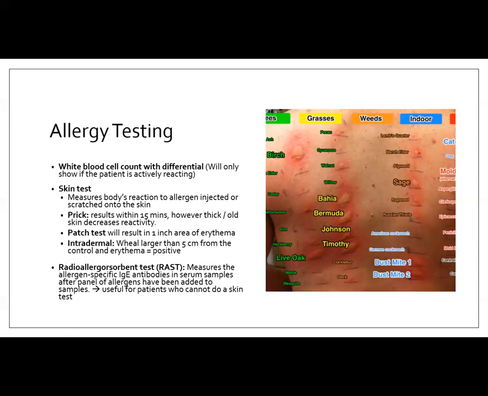Now, this is very useful for patients who cannot do a skin test. So if they can't do a skin test, you can do this RAST test instead. And it'll be a lot more accurate than just using a white blood cell count, because the white blood cell count isn't going to show it unless they're actively reacting. But with this RAST, we can go ahead and see, okay, are they allergic without actually using a skin test?